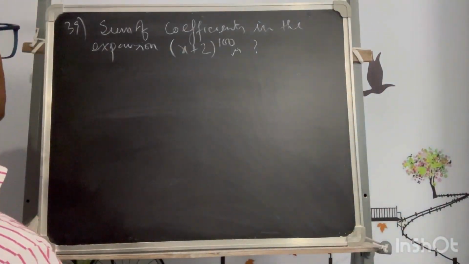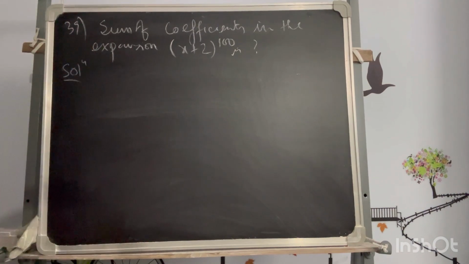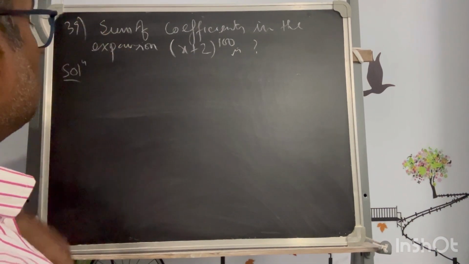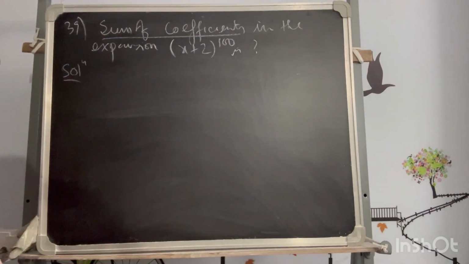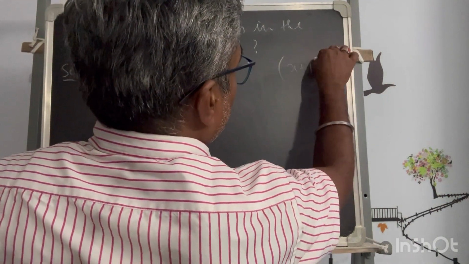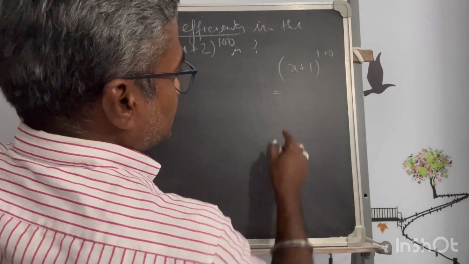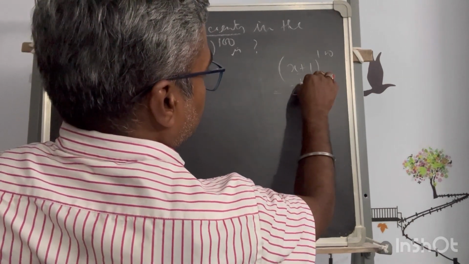Now this is not much too tough, but still a student may get confused by seeing the 2 here. One thing you can see, the question does not say the binomial coefficients, it says the sum of the coefficients. So in case the series is x plus 1 whole to the power 100, we know the binomial coefficient; you have to put x is equal to 1 to get 2 to the power 100.